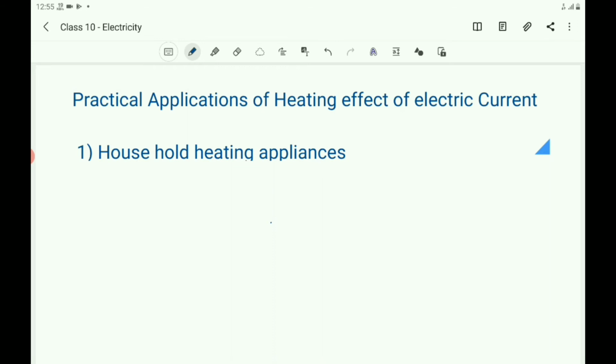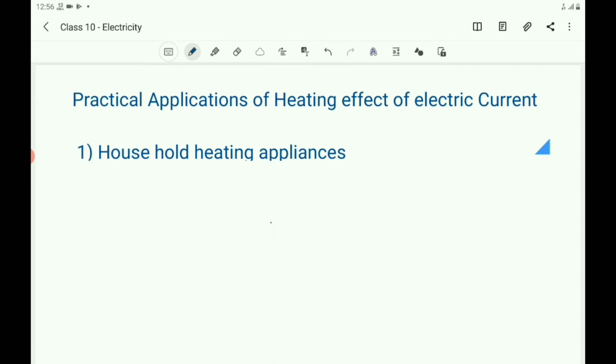In electric circuits, the unavoidable heating can increase the temperature of the components and alter their properties, and sometimes may damage the appliances. However, the heating effect of electric current has many useful applications.